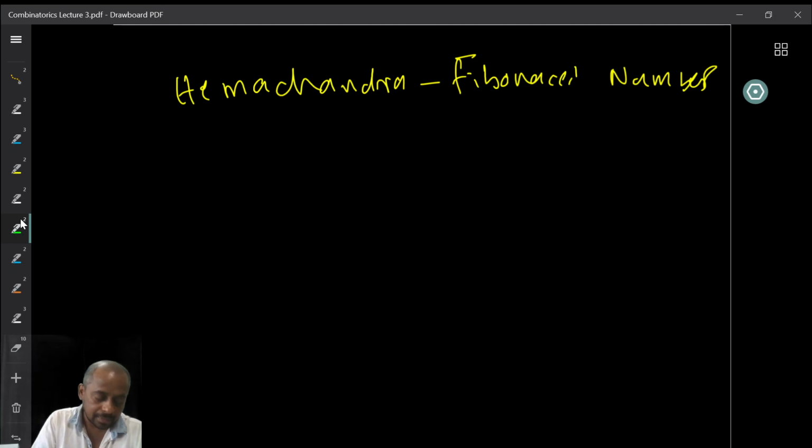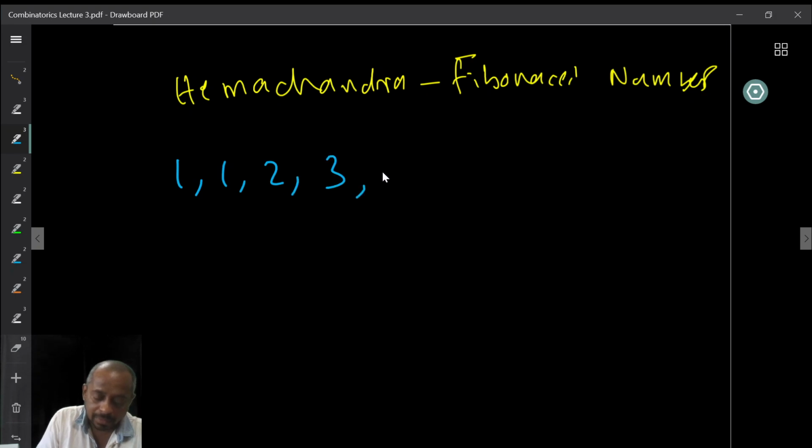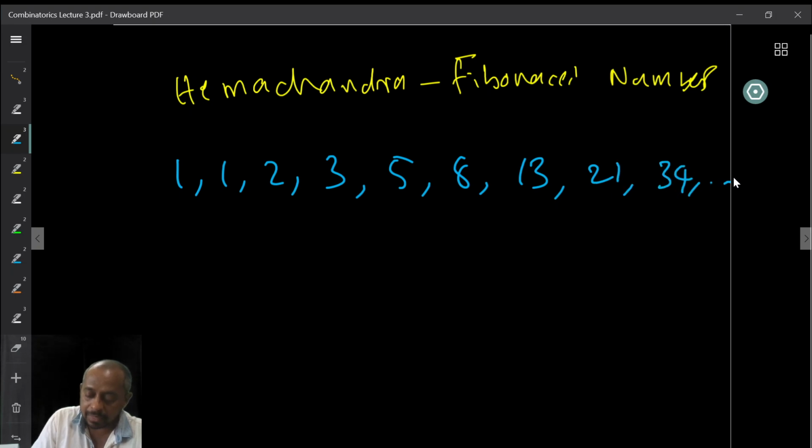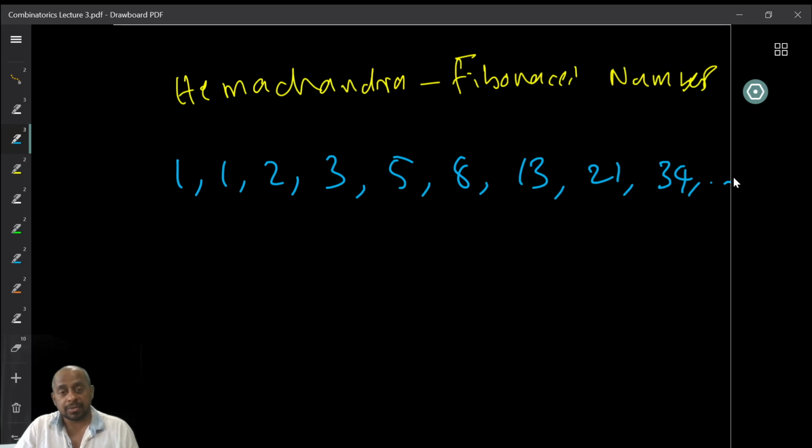the nature, right? Because the numbers will be something like 1, 1, then 2, 3, 5, 8, 13, 21, 34, etc. And if you look at most of the flowers, the number of petals will be in this sequence, and there are many other things. And we can try to find a formula to calculate the Fibonacci numbers.